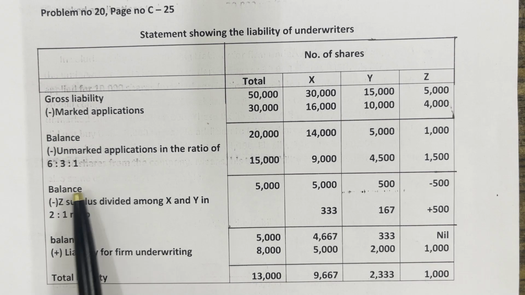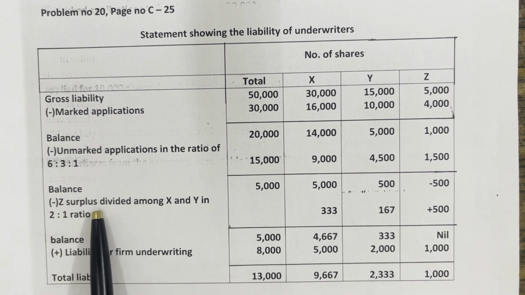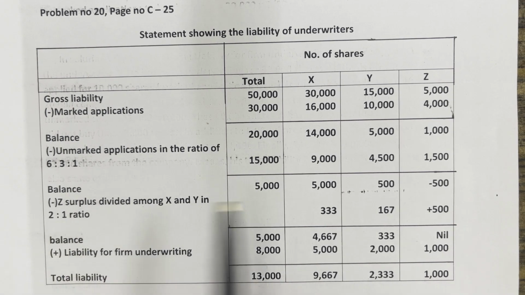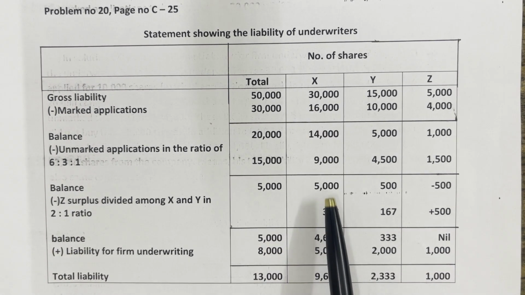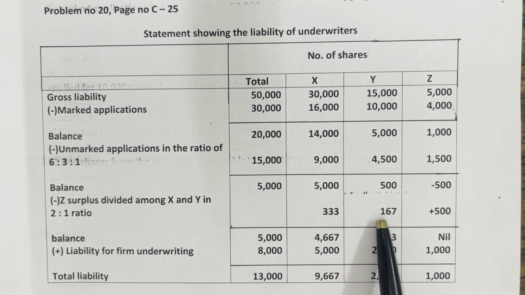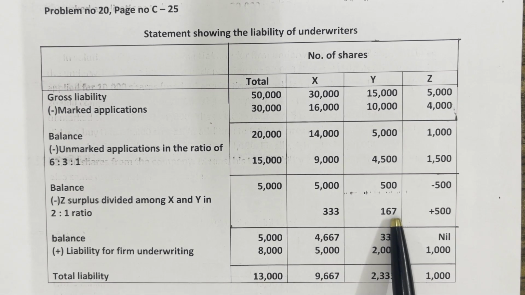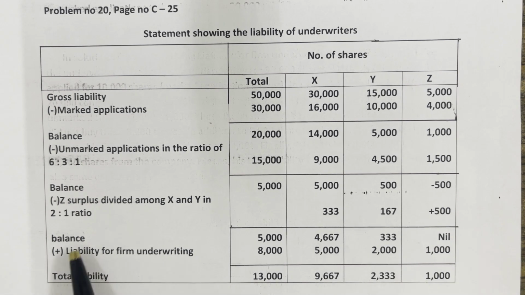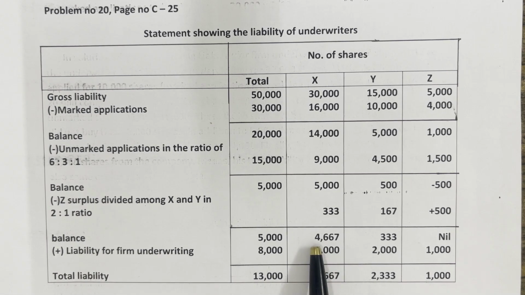So from this balancing figure, we subtract Z's surplus divided among X and Y in the 2:1 ratio. For X, 333 shares we subtract. For Y, 167 shares we subtract. Then for Z, that minus becomes plus, because finally the answer should be nil. Then the balance is X 4,667, Y 333, and for Z nil.